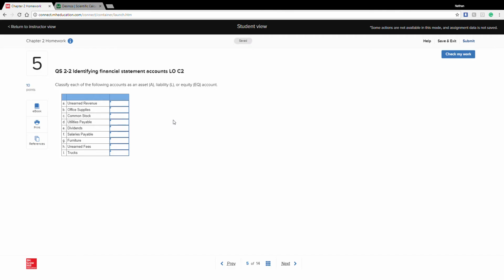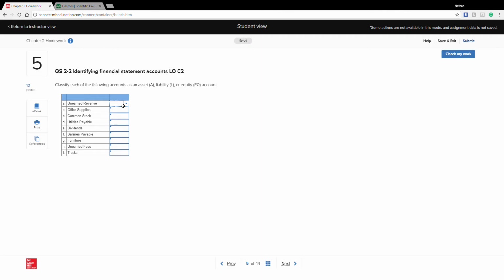So equity is only going to probably have dividends, common stock, and retained earnings. Since this is only dealing with assets, liabilities, and equity, anything like revenue or expense will fall under the equity category.